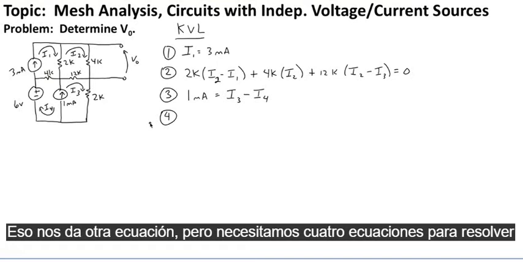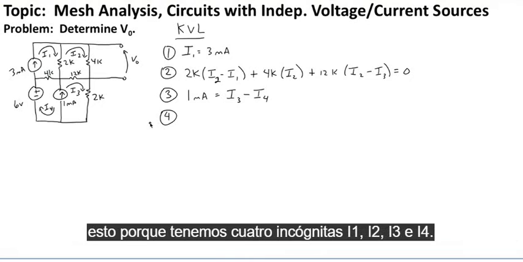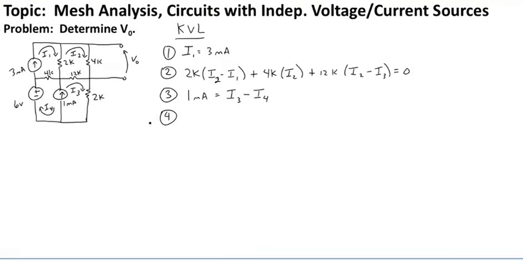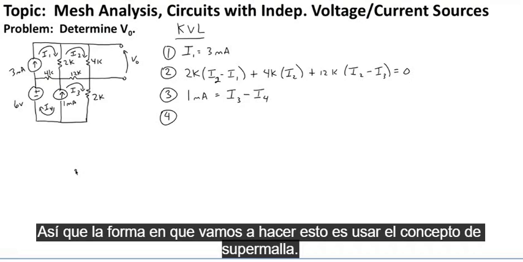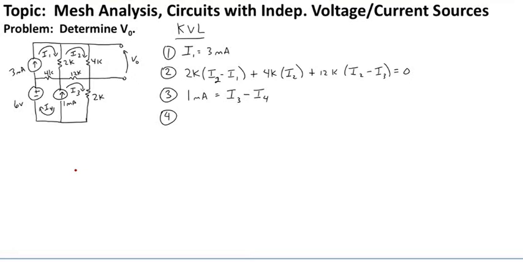So that gives us another equation, but we need 4 equations to solve this, because we have 4 unknowns, I1, I2, I3, and I4. So we need one more independent mesh equation in order to solve the problem. And the way that we're going to do this is using the concept of a super mesh.